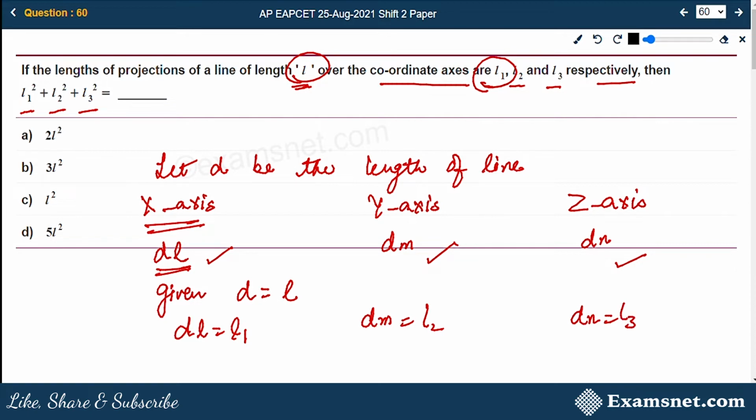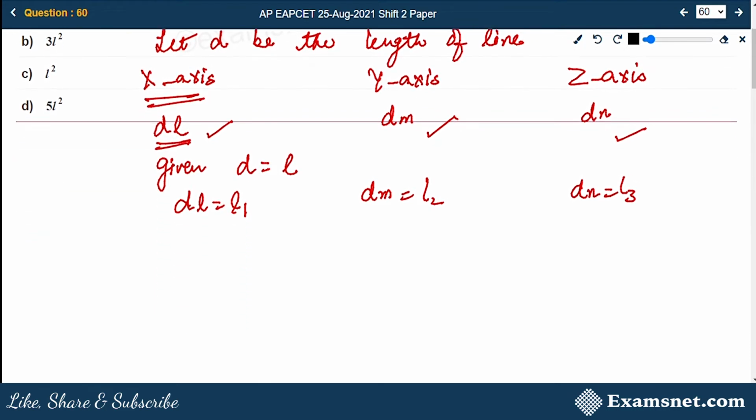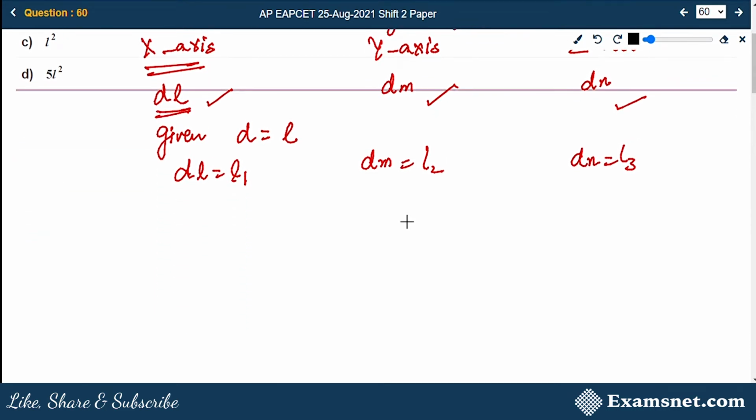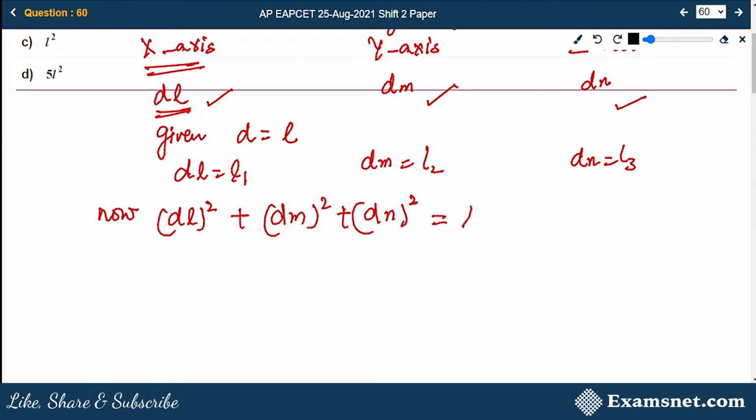Now let's add them. See, you have to find out this, right? So we just will add them. This will give you now dl square plus dm square plus dn square. This is equal to what? L1 square plus L2 square plus L3 square.